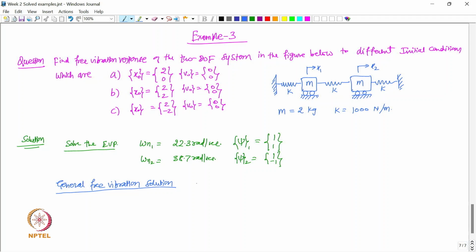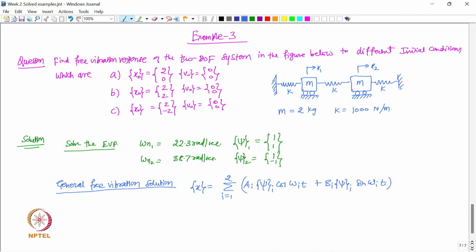So, as we saw in the lecture classes, we can write the general free vibration solution X as the sum of the solution in each mode, A I psi I cos omega I t, right, plus B I psi I sin omega I t, with I varying from, in this case there are 2 degrees of freedom, so there are 2 modes, I is equal to 1 to 2.